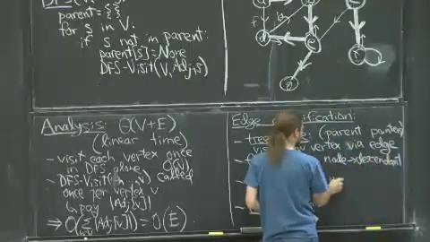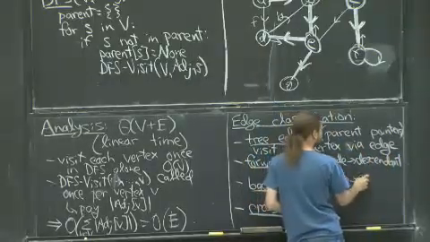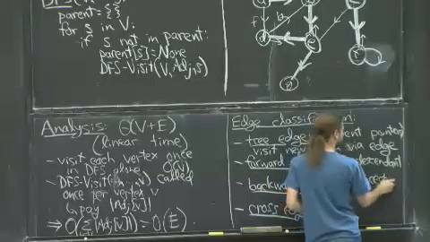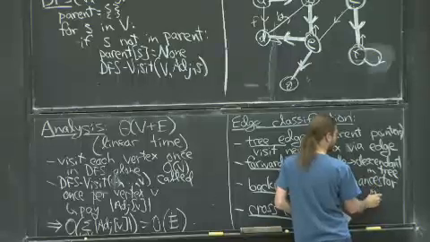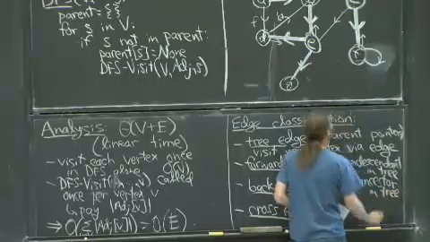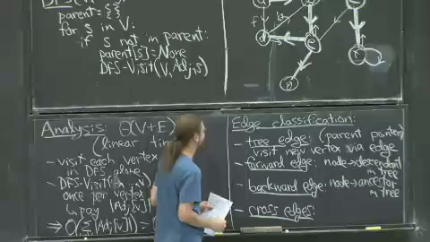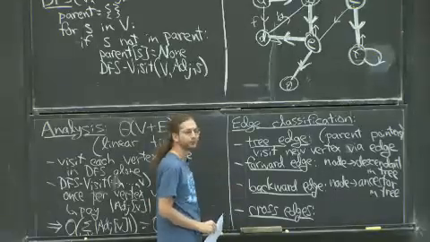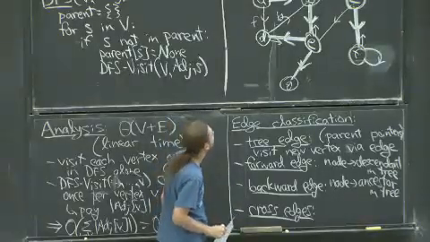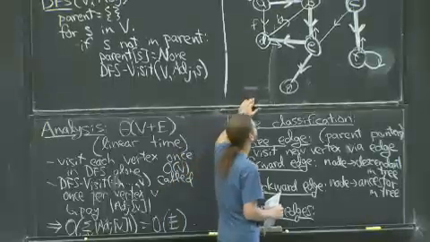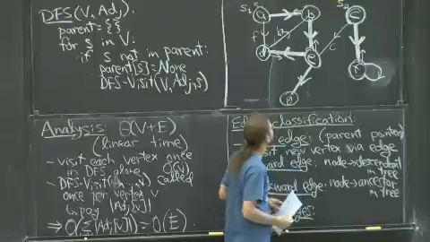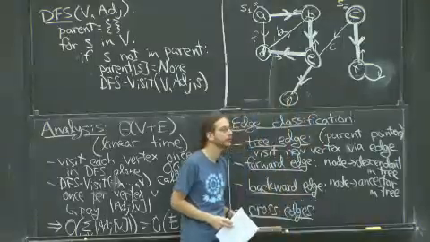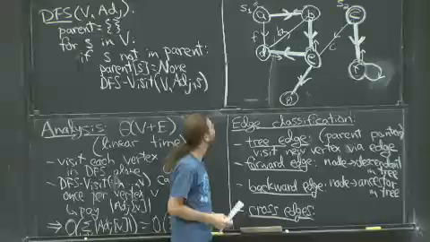Backward edge goes from a node to an ancestor in the tree. And when I say tree, I mean forest. And then all the other edges are cross edges. So I guess here, this is a cross edge. In this case, it goes from one tree to another. It doesn't have to go between different trees.